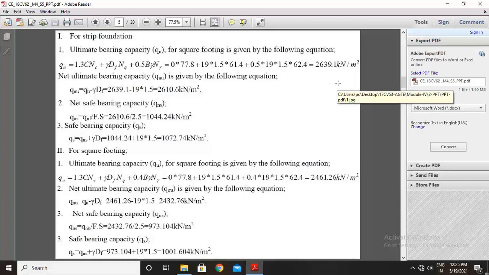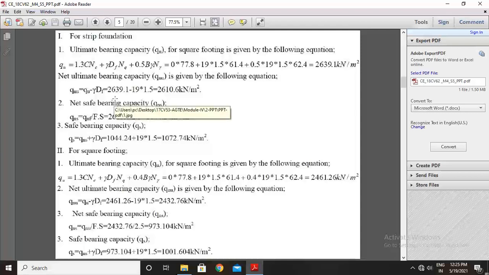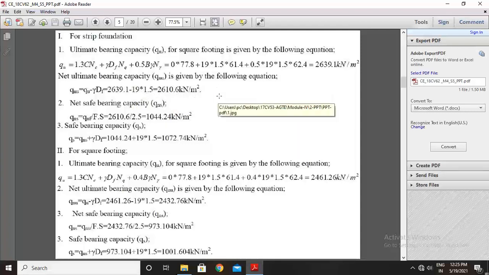Then next step, you calculate net ultimate bearing capacity, given by the equation QNU equal to QU minus gamma Df. So substitute the values here: ultimate bearing capacity minus gamma is 19 into Df is 1.5. We are getting 2610 kilonewton per meter square.